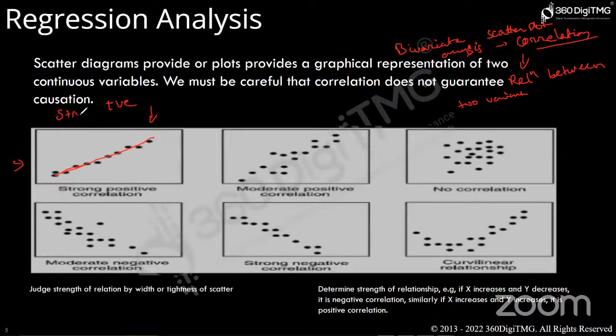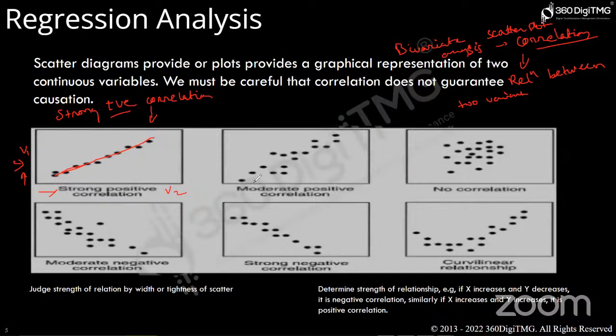So it is a strong positive correlation. Why positive? Because with an increase in one variable, the other variable also increases. Hence, it is positive. If both of the variables increase together, we call it a positive relation. So it is a strong positive correlation.